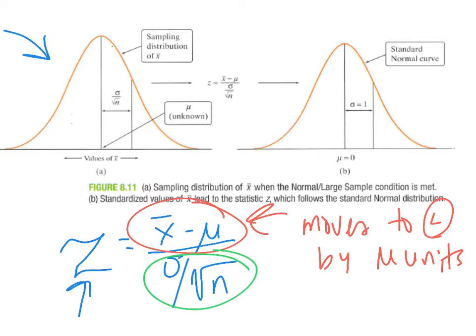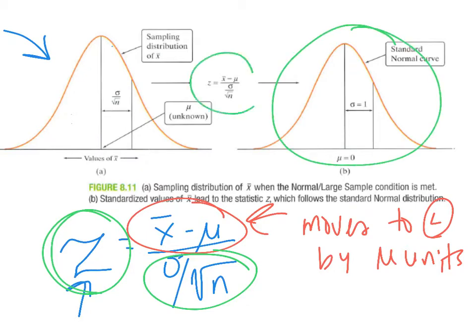So it affects the spread, but it doesn't affect the shape. When I standardize my data points, that gives me a standard normal curve, which is what you see happening right there. And when I standardize using the sample standard deviation, that gives me a slightly bigger spread than a normal curve. And that's what my t distribution is.